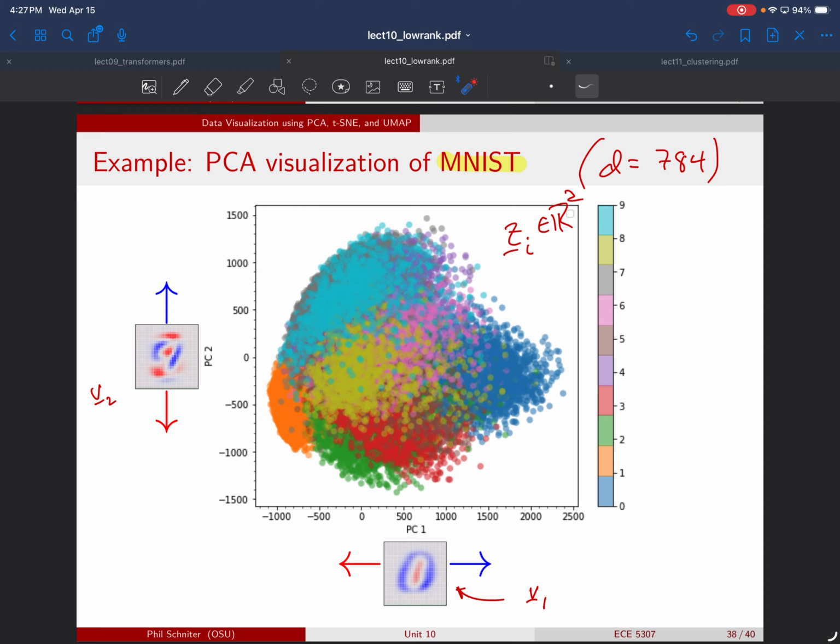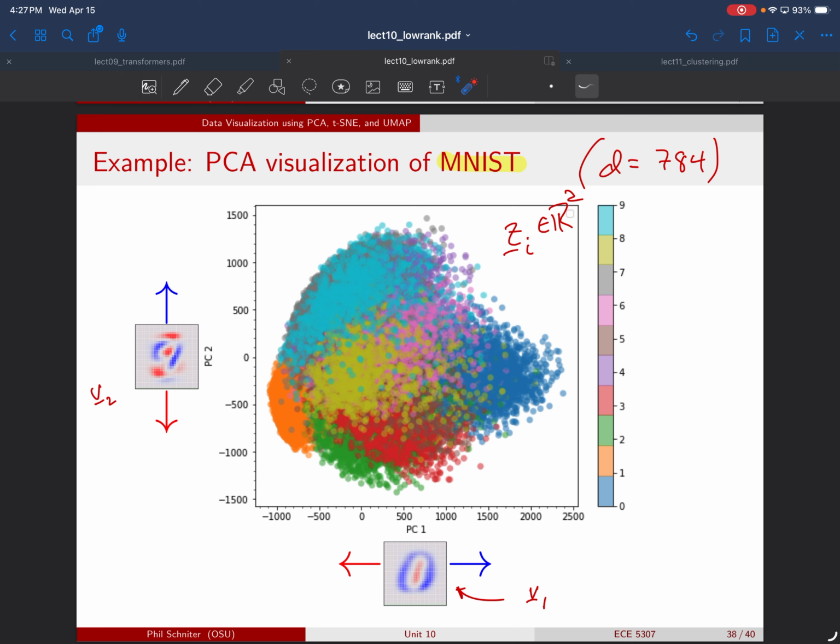And then when you look at this second most important principal component, it's a little bit more complicated, but you see that there's sort of like things where you would combine this and this to get different locations here, and you can see that it's going to give you information about like whether it's a 2 versus a 7 versus a 9 and so on.